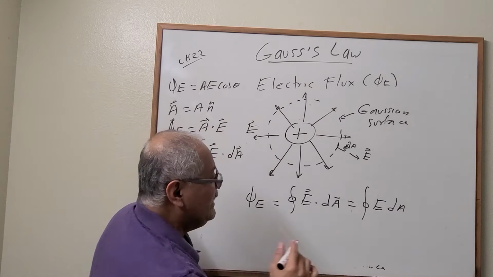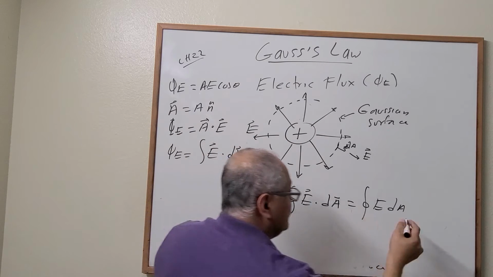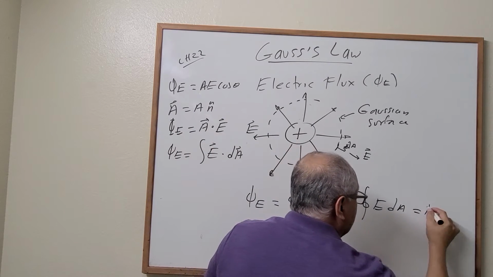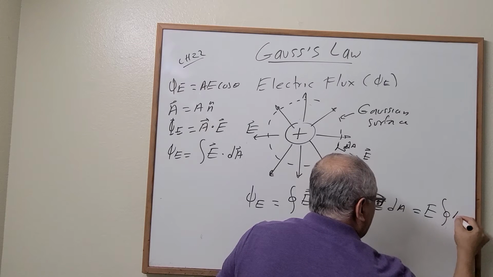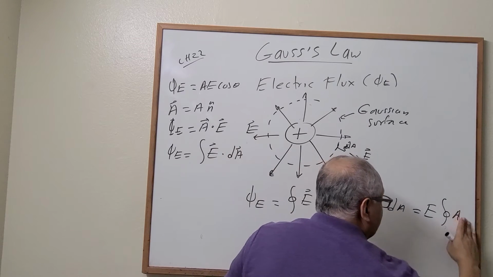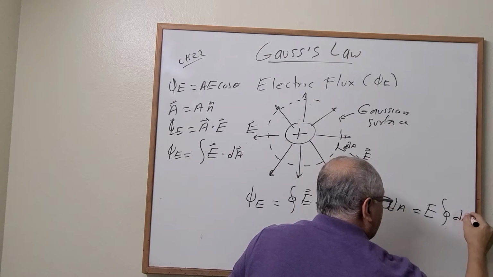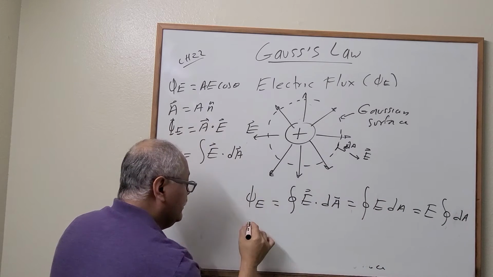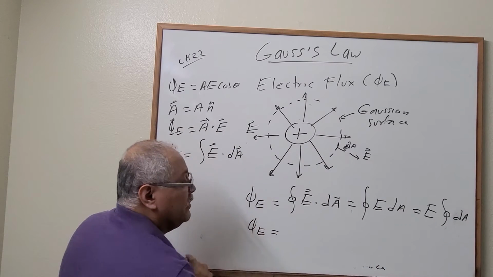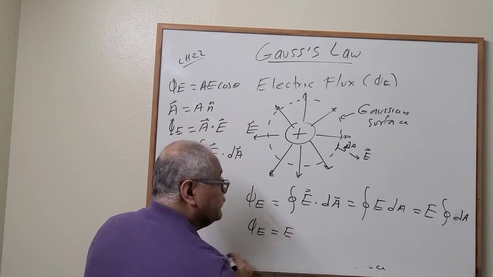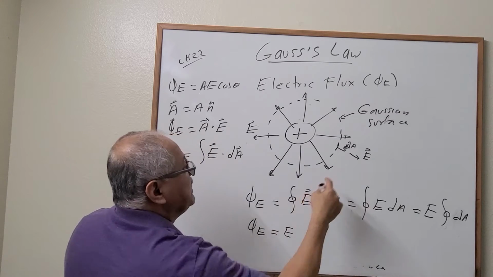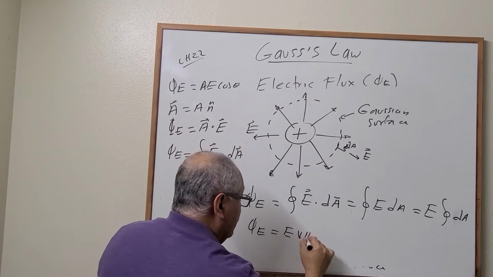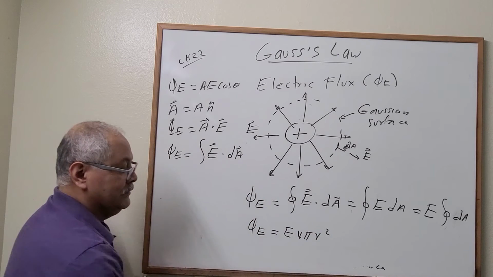Great. Then this is equal to E times the integral of dA over this surface. The electric flux equals E times the area. What is the area of the sphere? 4 pi r squared.